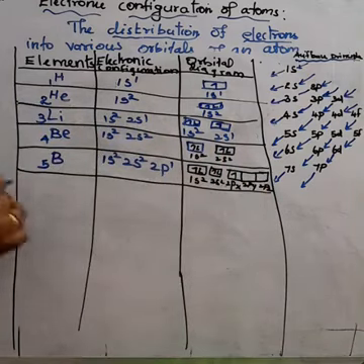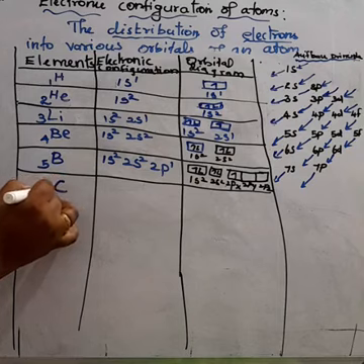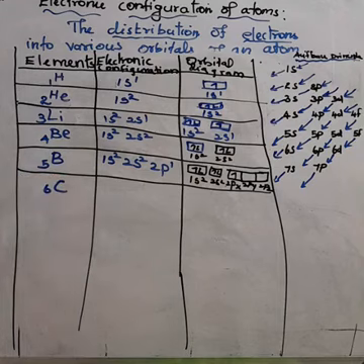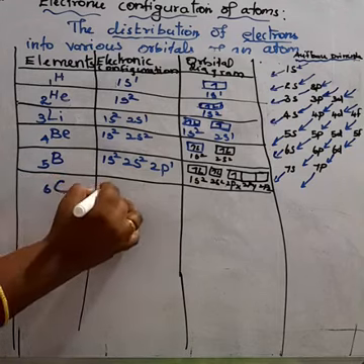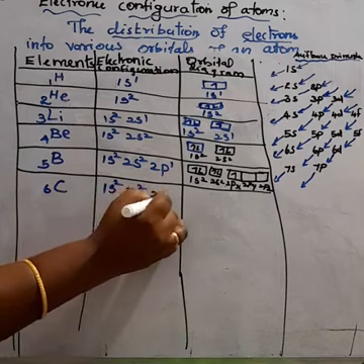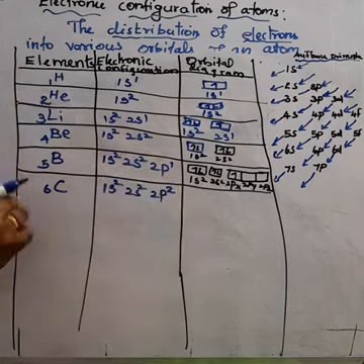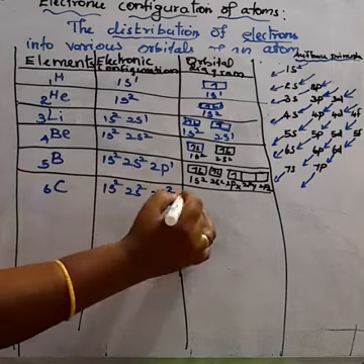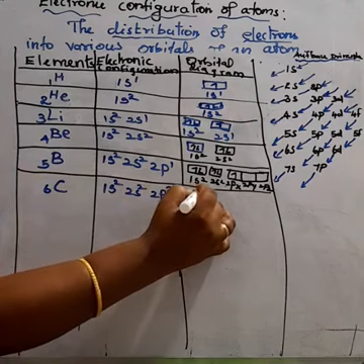After that, carbon. Carbon has atomic number 6. The electronic configuration is first 1s2, 2s2. After that 2p, with the remaining 2 electrons, since 2 plus 2 is 4. We accommodate 2 electrons in the p orbital. How will you draw the orbital diagram?